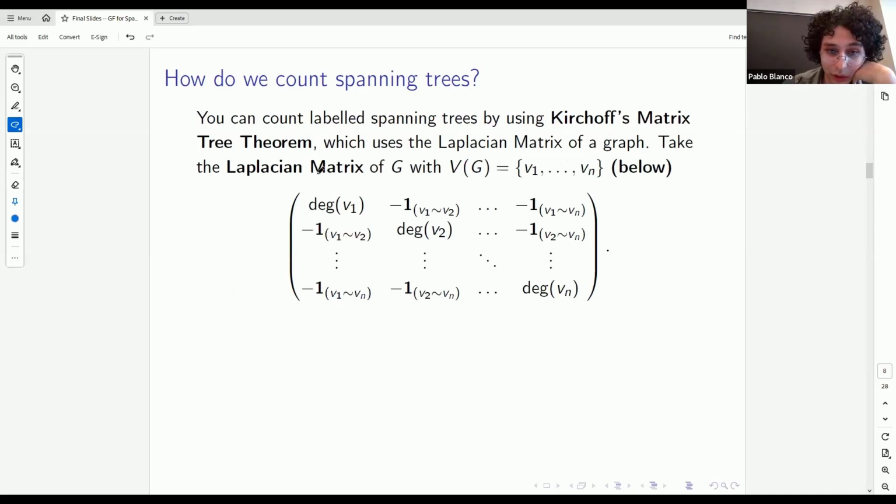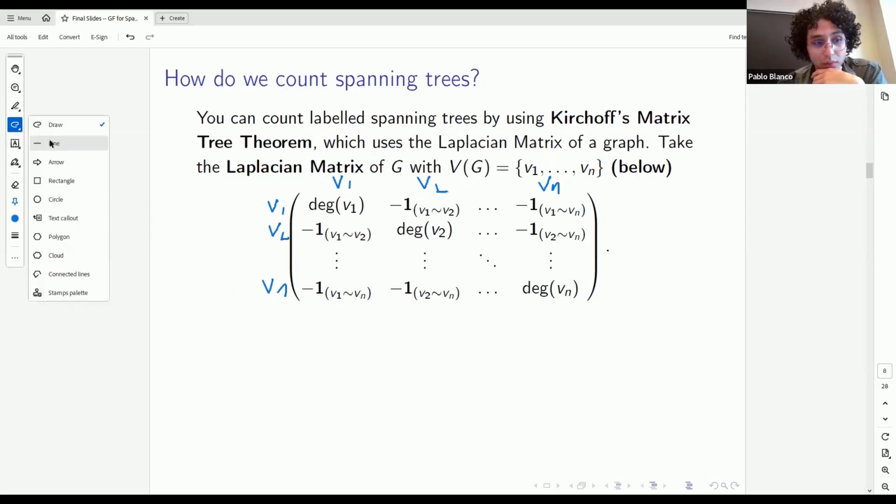First let me label the matrix rows and columns. The first row and column is going to be V1, then V2, up to Vn. I'm going to label my vertices V1 through Vn. The diagonal entries are going to be the degree of the vertices, so how many edges are coming out of that vertex.